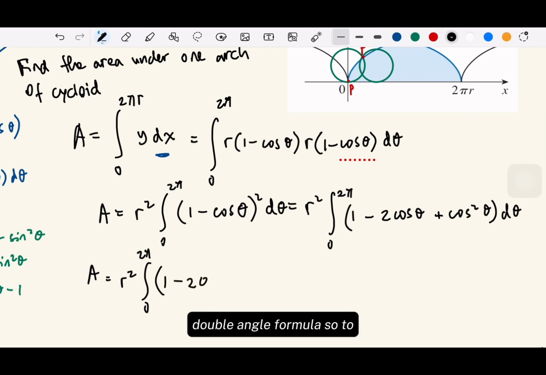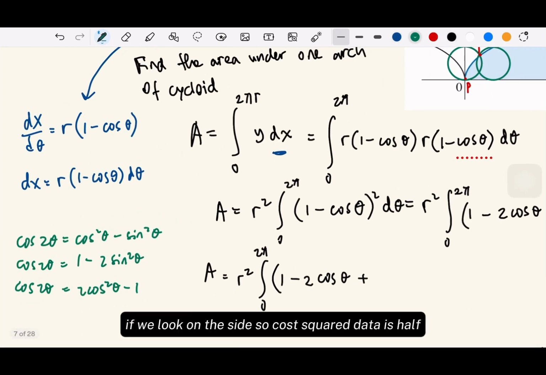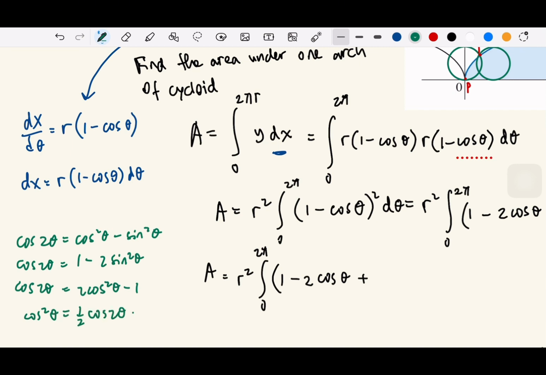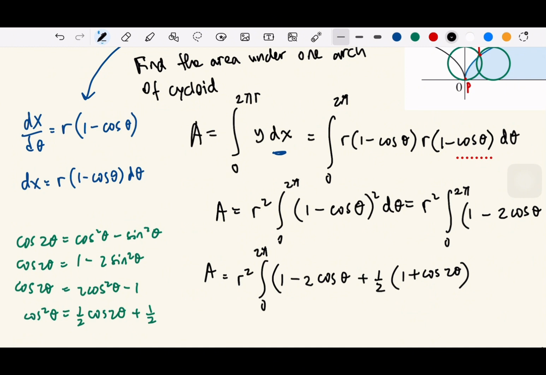So minus 2 cosine theta, and then plus, if we look on the side, cosine squared theta is half, or we can take out the half, 1 plus cosine 2 theta.